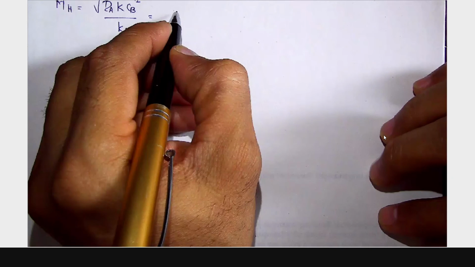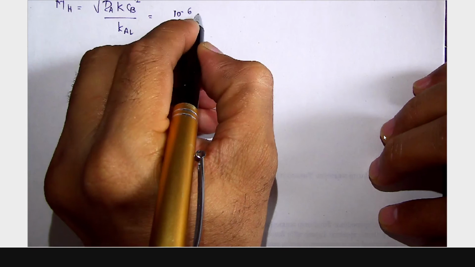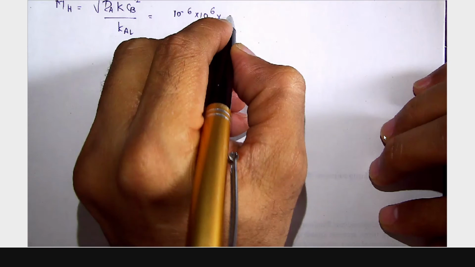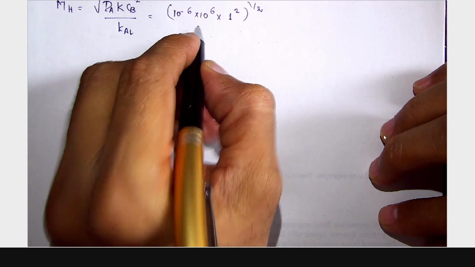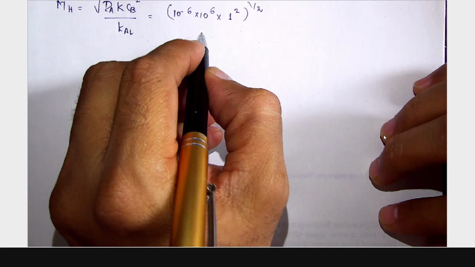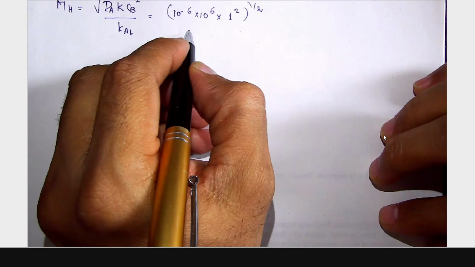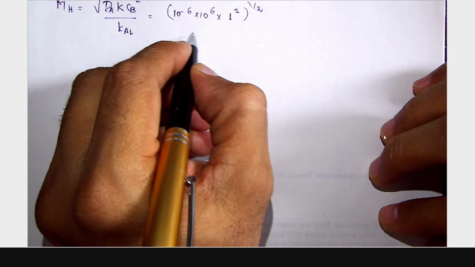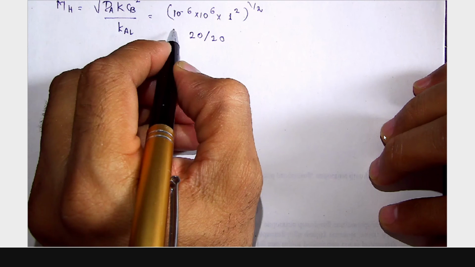DA is given as 10 to the power minus 6, K is given as 10 to the power 6, CB is given as 1, and KL is given as 20, divided by 20 because the value of KAL is given.